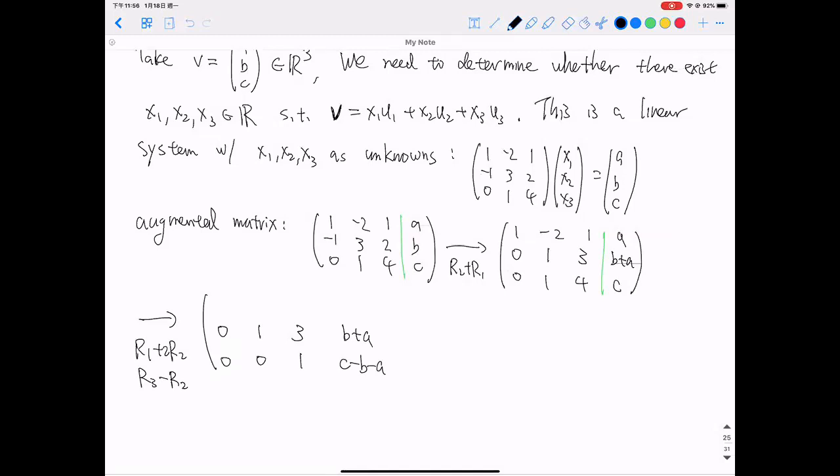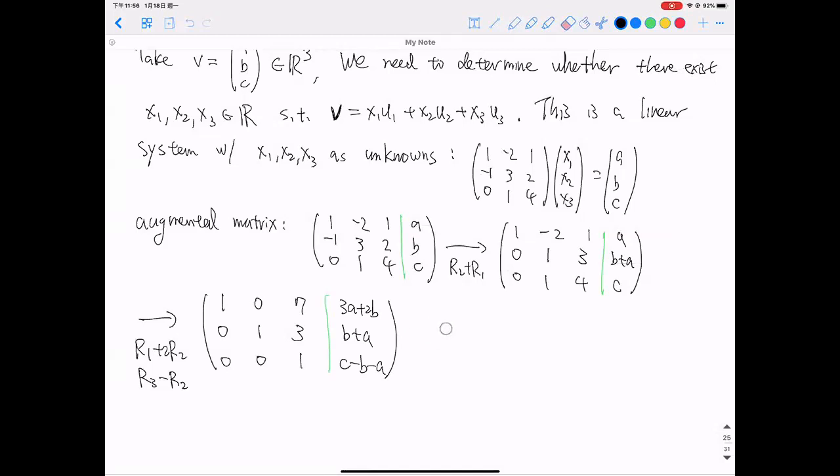R1 plus 2R2: 1 here, 2 minus 2, 0, 2, 7, right, 2 times 3 is 6, plus 1, 7, yes. So 2a plus 2b, 3a plus 2b. Very good.